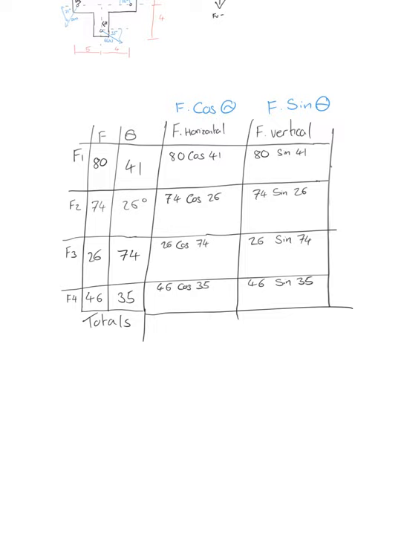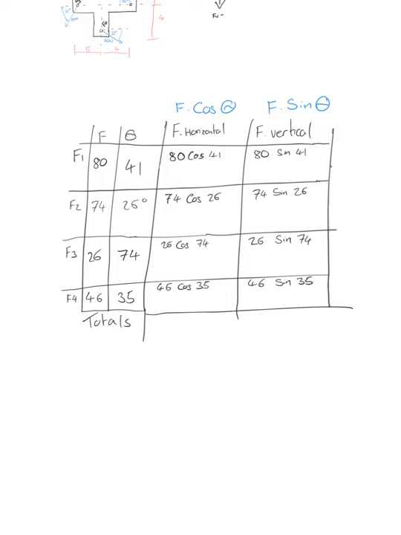All we're taking is our F value, 80, the cosine of the angle, and F sine theta, the angle again. You plug them into your calculator exactly as you see them and take the values.